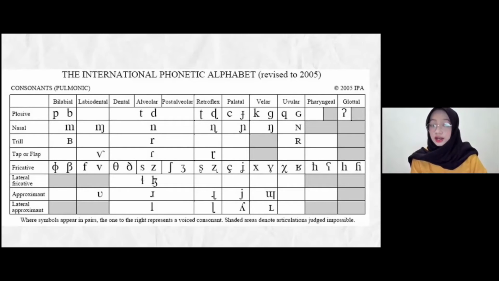Ha, aha, ga, aga. And finally, the glottal consonants. A, aka, ha, aha. Okay, that's all my explanation about the International Phonetic Alphabet, about pulmonic consonants.